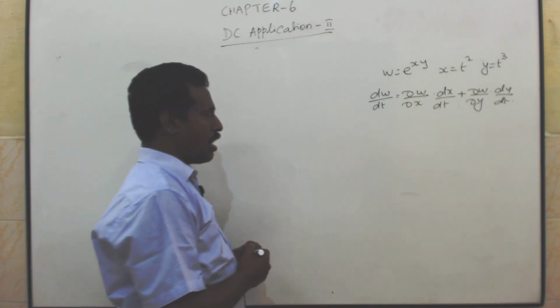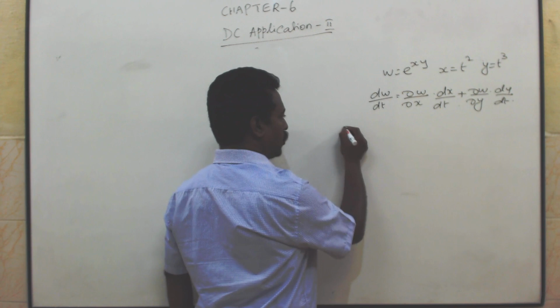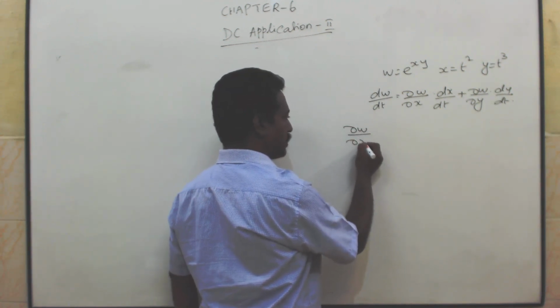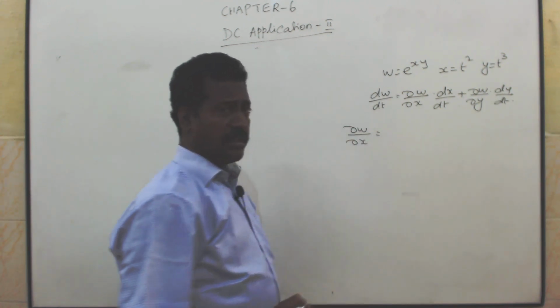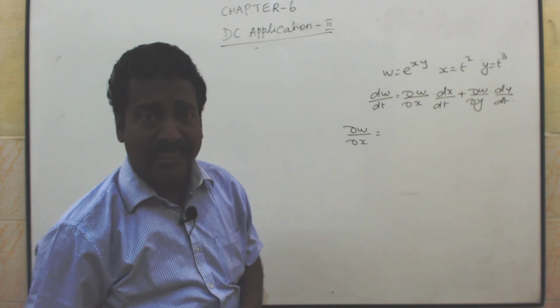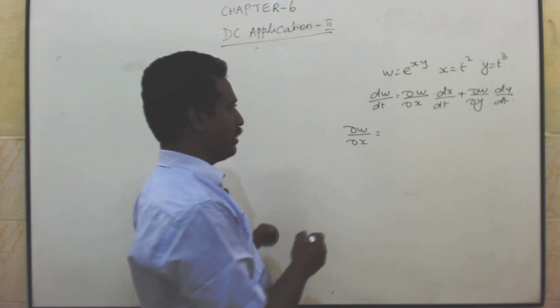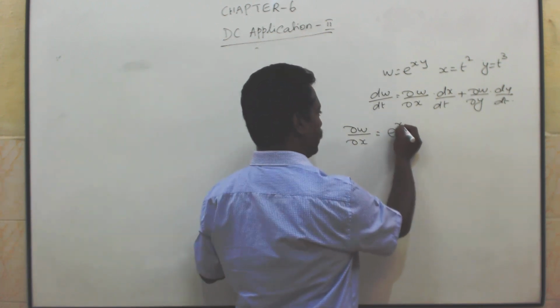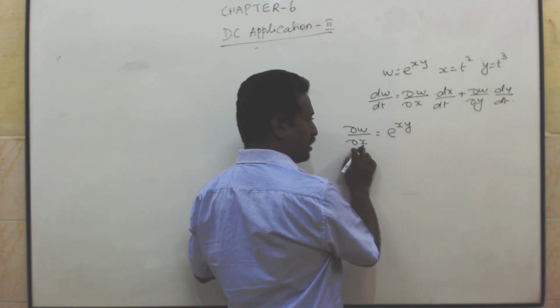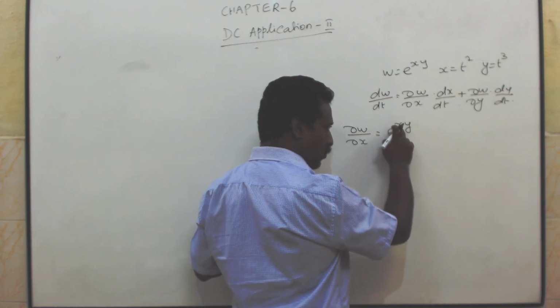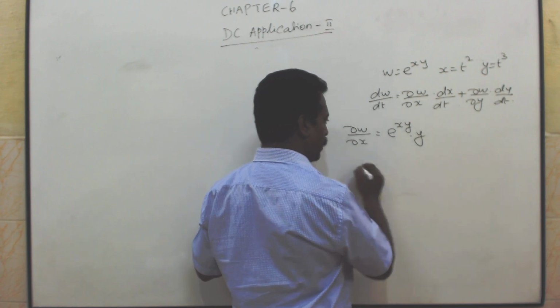Now, first you have to find dou w by dou x. Differentiation of e power x is e power x only. e power xy, differentiation of x with respect to x is 1, 1 into y is y.